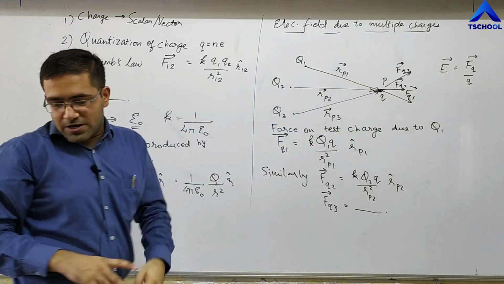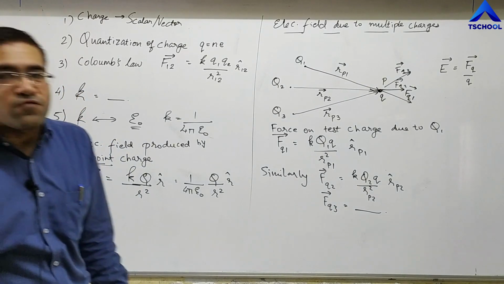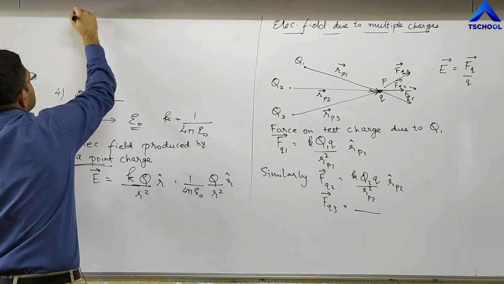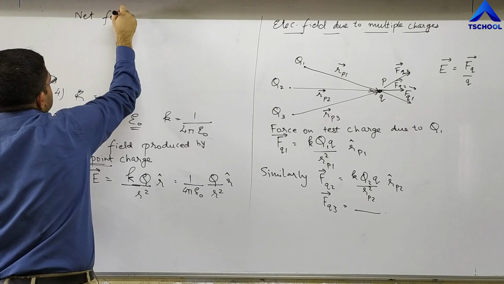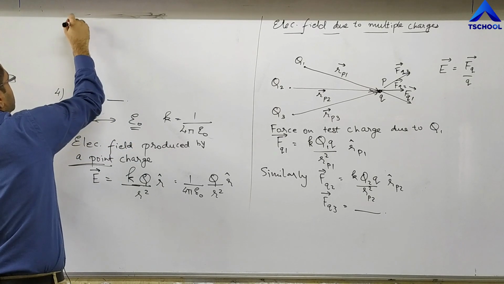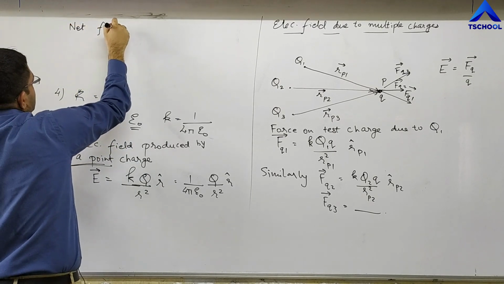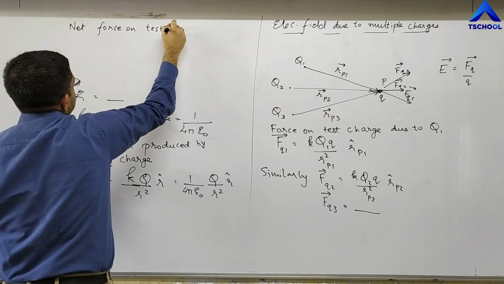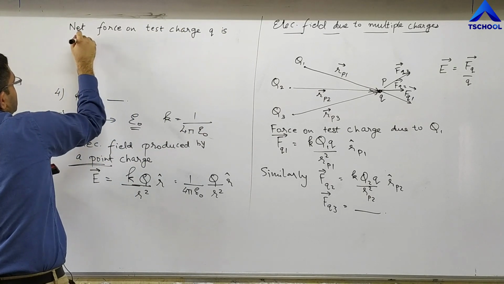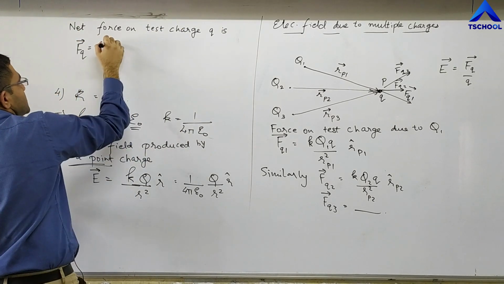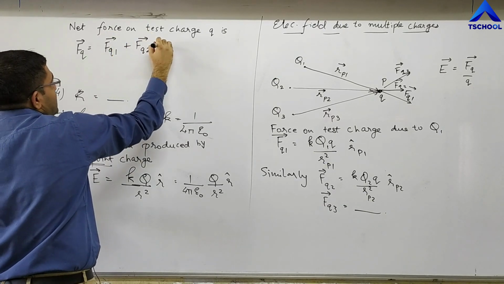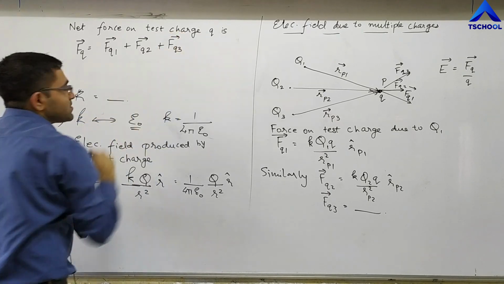Net force on test charge Q is FQ vector, which is going to be equal to FQ1 vector plus FQ2 vector plus FQ3 vector. See, there are 3 forces acting on the charge Q, and all the 3 add, correct?